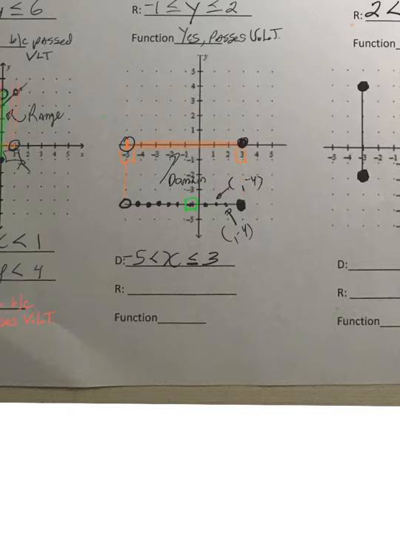So it didn't go high and low, it just sat, right? It just stayed at -4. So we're just going to use the set notation and just say -4, that's it. It didn't move any higher, didn't move any lower, it just stayed at -4. And if you drop a vertical line, won't it hit just one time each time? So it is a function because it passes the vertical line test.